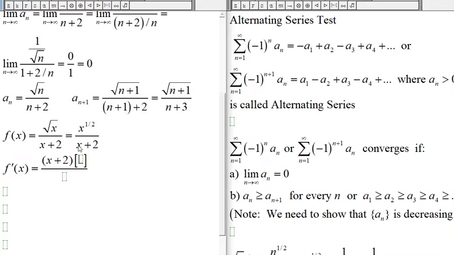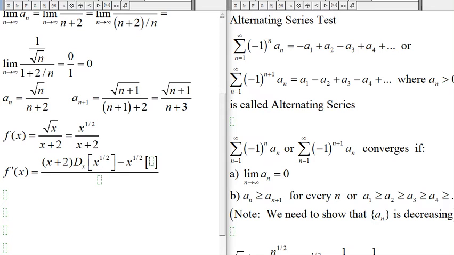So we need the derivative of x to the 1/2, and then minus x to the 1/2 times the derivative of the denominator, and then dividing by the denominator squared.